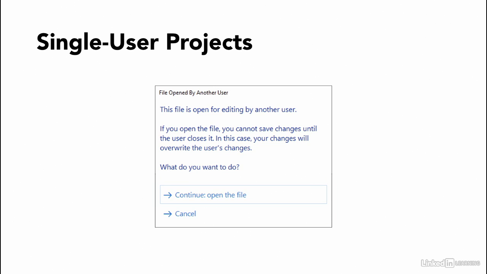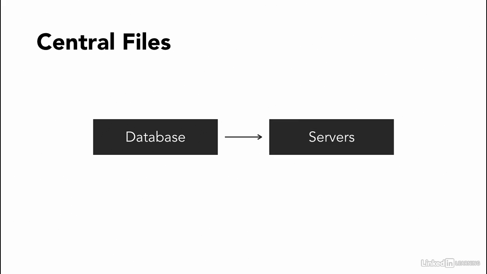If you need to have multiple user access to the same file, then you really need to be on the full version of Revit. So that would then use what we call work sharing, and that would involve something called a central file. So a central file, you could think of almost like a database. That's the master copy of the file, and it lives somewhere on your network server.